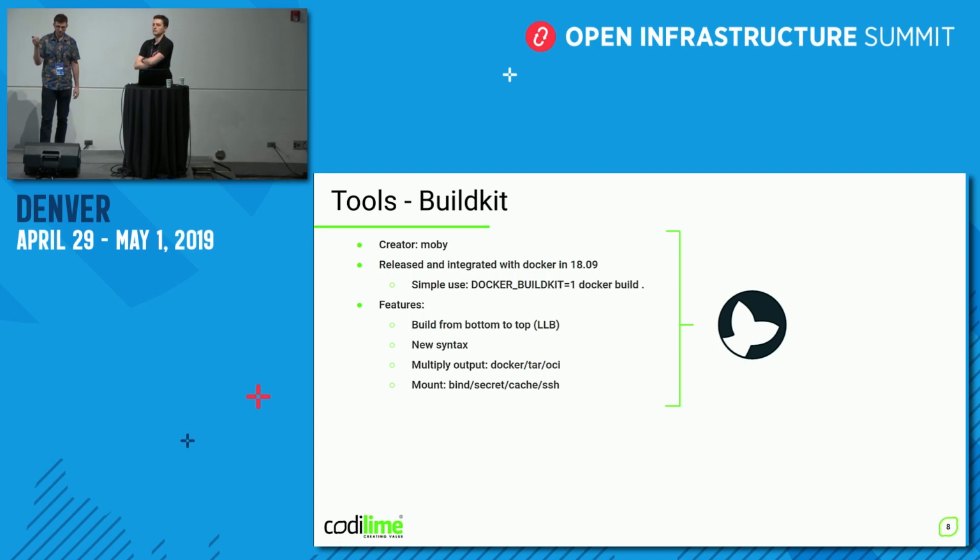What features did they add to BuildKit? First of all, they added new syntax, so you don't need to use a Dockerfile. You can create other outputs like Docker image, tar or OCI. And of course, they added mounts. I think this is the best feature they created.